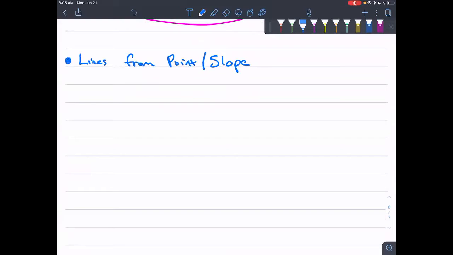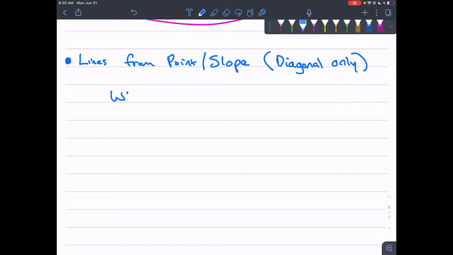So this is one, lines from point slope. This one's diagonal only. Lines from point slope, diagonal only. And then we'll also do lines from point slope that aren't necessarily diagonal.